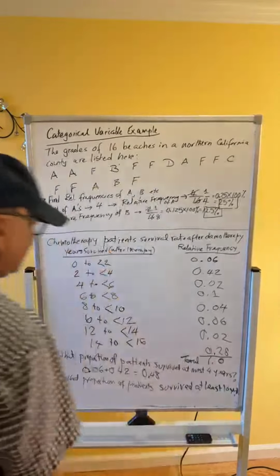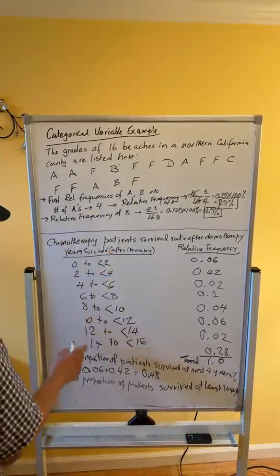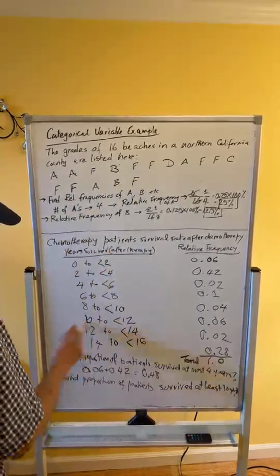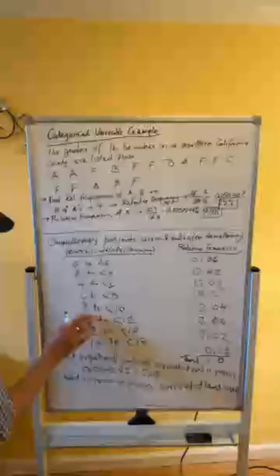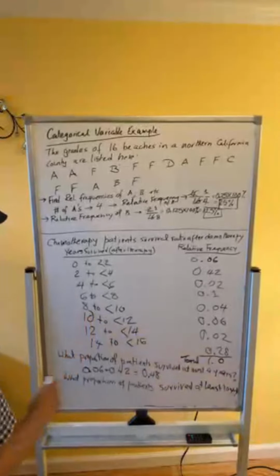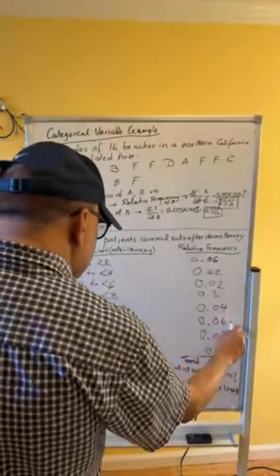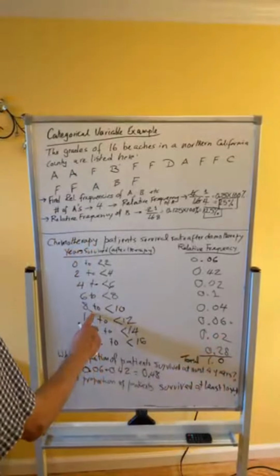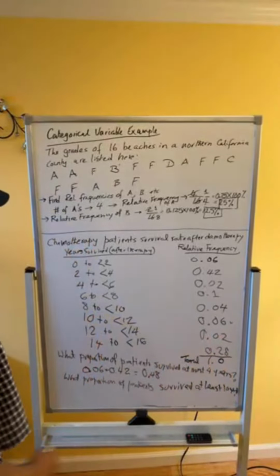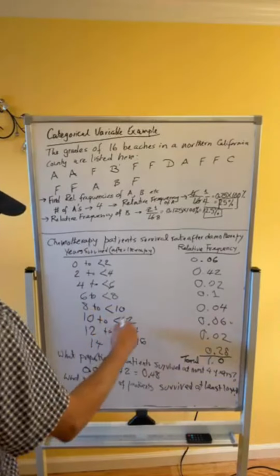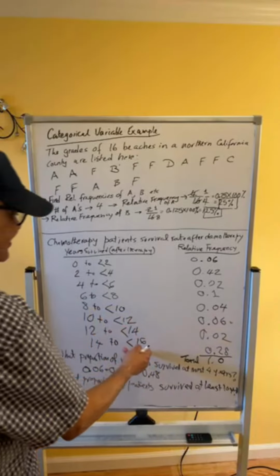At least 10 means 10 is the lowest. Okay, so 10 is the lowest boundary in this class. And then minimum is 10, at least 10 means minimum is 10. They can survive as high as 16.